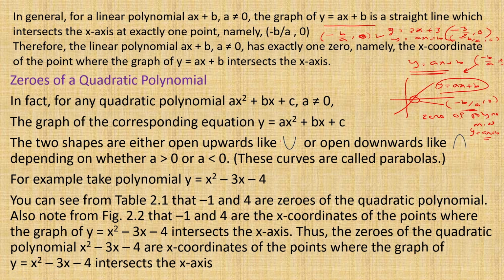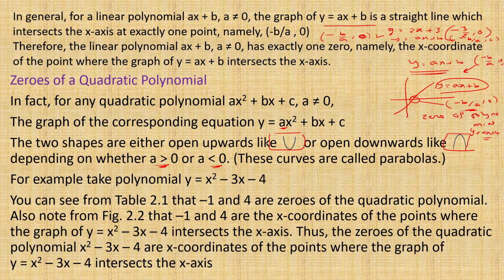That depends on the value of a. If a is greater than 0, then the shape is like this. If a is less than 0, then the shape is an upper parabola like this. In the next slide, I will show the figures.